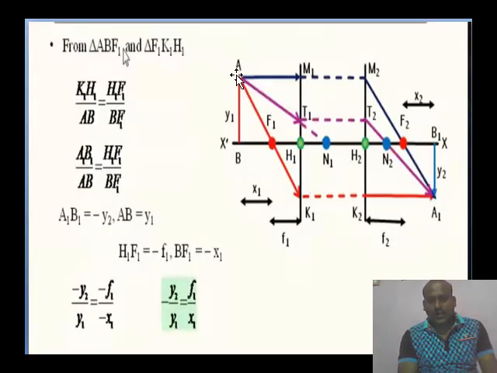So when the ray is incident here and you draw the extended part, we get the nodal point N1. When it is incident and refracted, this is the object point, and after refraction this is the image point, that is N2.